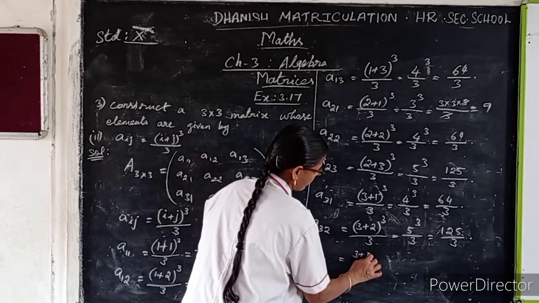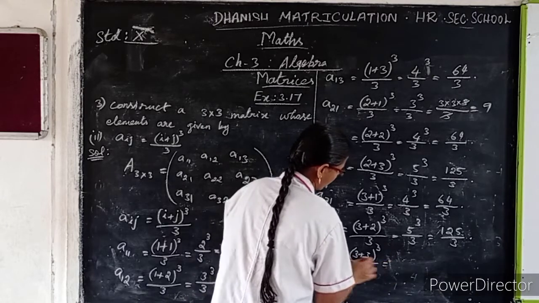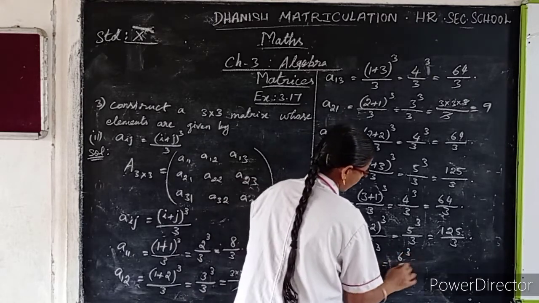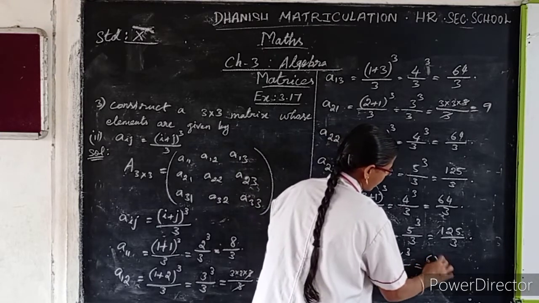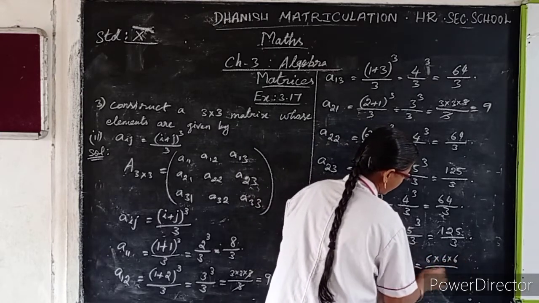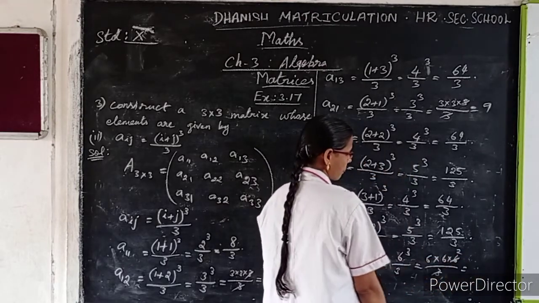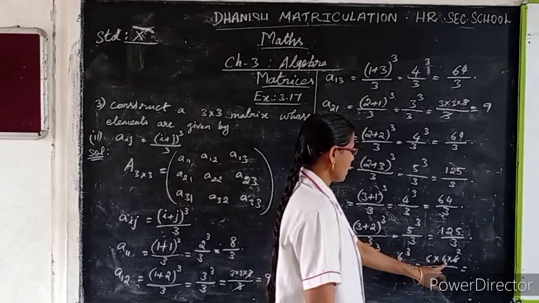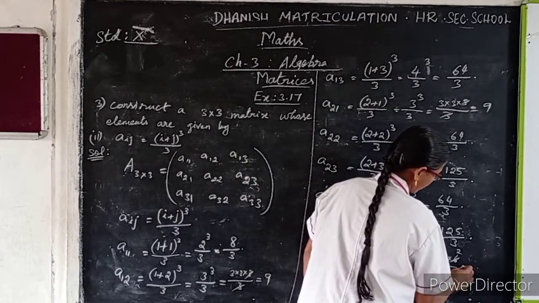So 3 plus 3 whole cube divided by 3 equal to 6 cube by 3. So write 6 into 6 into 6 by 3. 3 2s are 6, 6 6s are 36. 36 into 2 is 72.